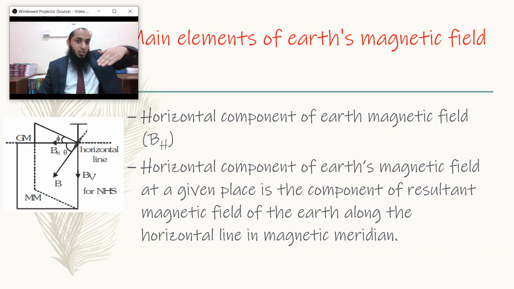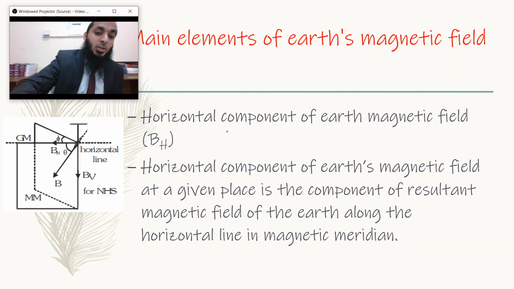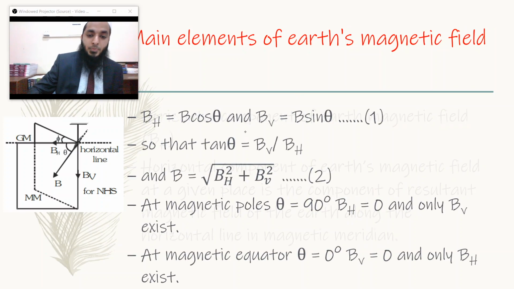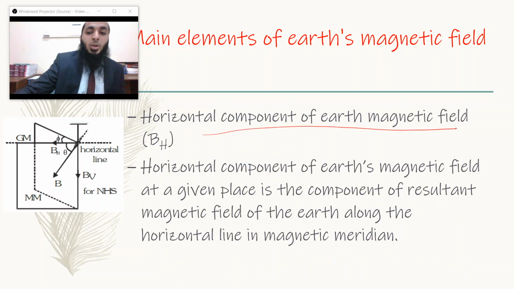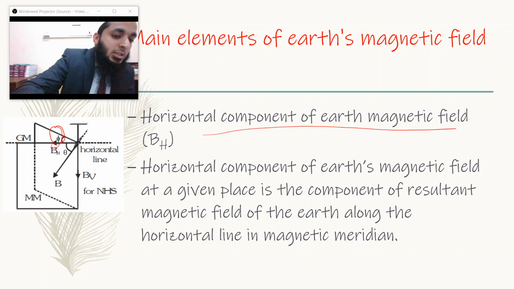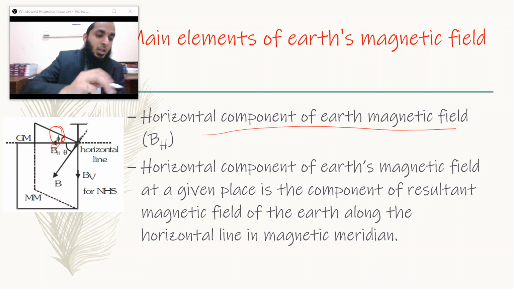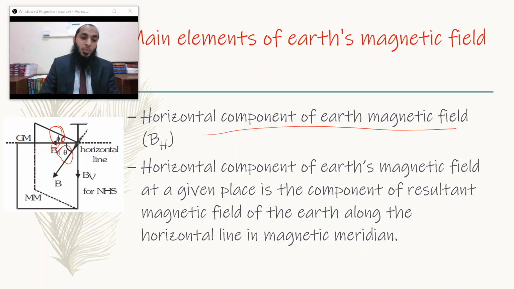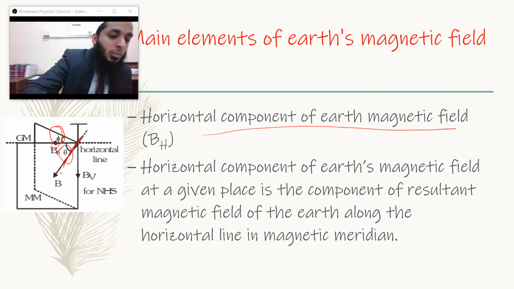So this is the actual magnetic field, but the component of the magnetic field along the horizontal will be the horizontal component of Earth's magnetic field. That's what is shown here. This phi is the angle of declination, this theta is the angle of inclination or angle of dip, and this is the actual magnetic field.